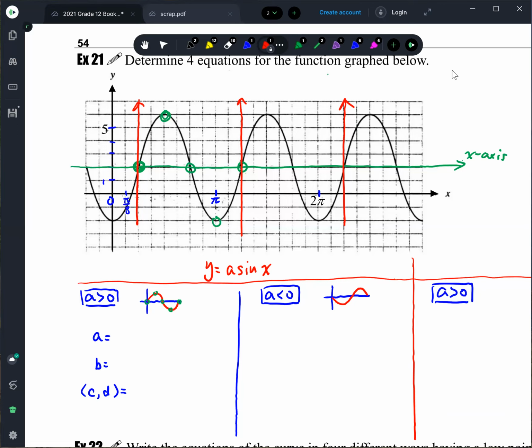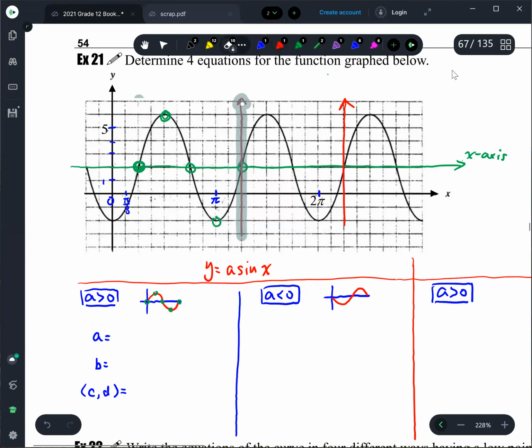But since the answer key only shows one answer, you always choose the one that is closest to the original y-axis, okay? So we use the very first one. We don't put the one that's too far away.